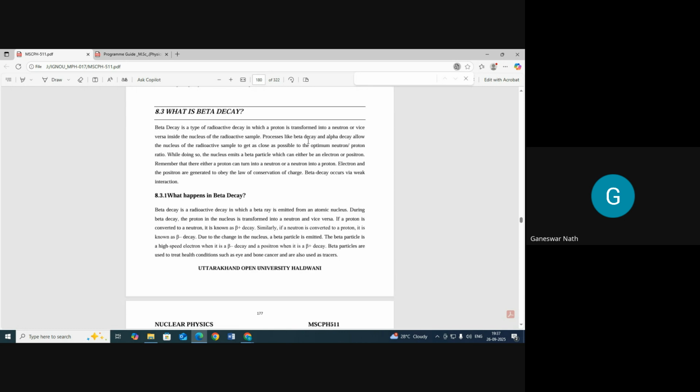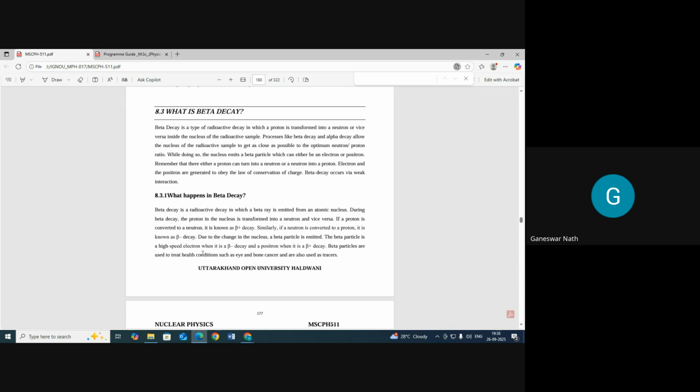Processes like beta decay and alpha decay allow the nucleus of the radioactive sample to get as close as possible to the optimum neutron to proton ratio. While doing so, the nucleus emits a beta particle, which can either be an electron or a positron. Remember, in beta decay we are emitting an electron, by transformation of a proton into a neutron or vice versa.